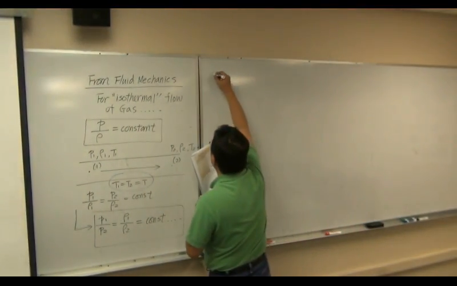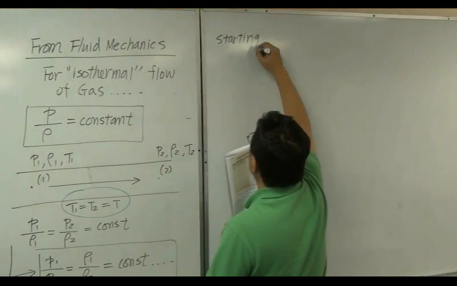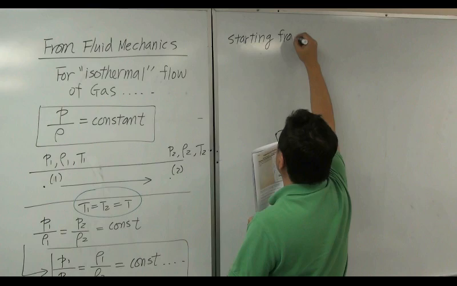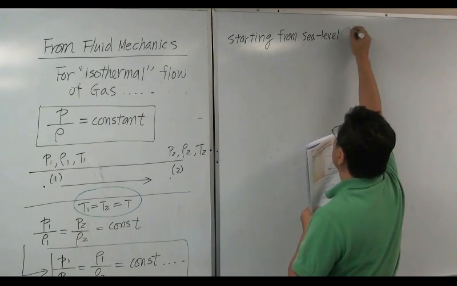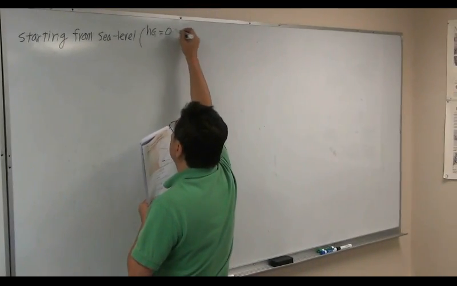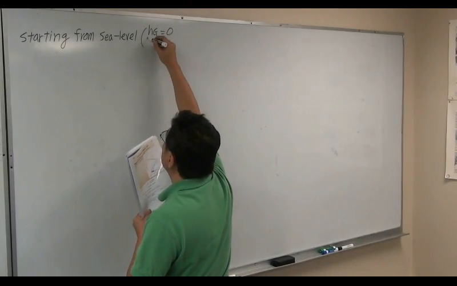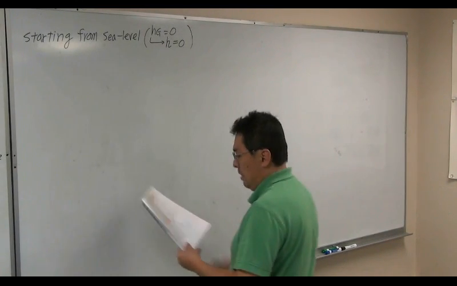So we are going to start from sea level, okay? Sea level means that, geometrically speaking, this is 0. If Hg is 0, geopotential altitude is also 0. Keep that in mind.